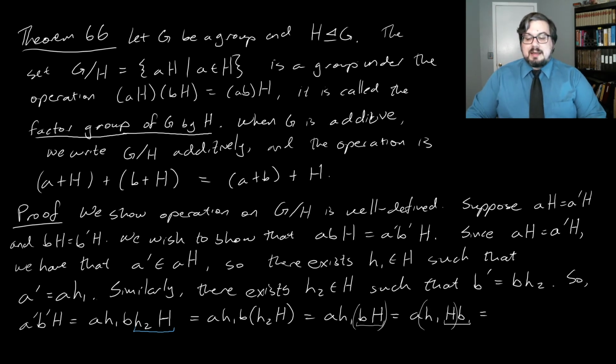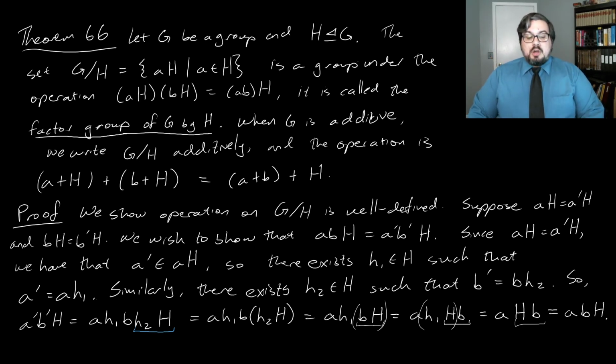Now H1 times H is just big H back, because again, H1 belongs to H. And again, we're going to use the fact that H is normal to get that this is A times BH, or ABH.